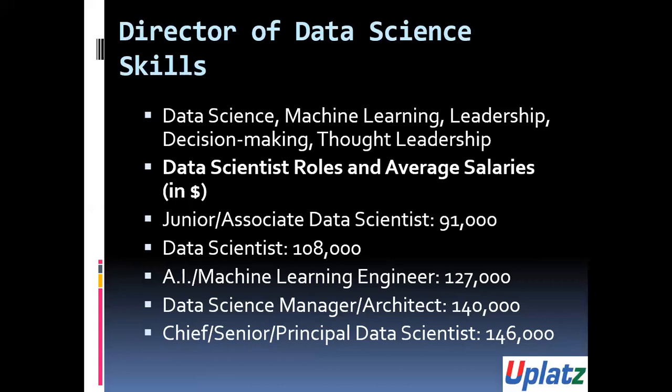So in order to climb to the very top as a data scientist, you must demonstrate an ability to guide teams and confidently oversee strategic data analysis of all types. You must also stay aware of the latest technologies. Okay.